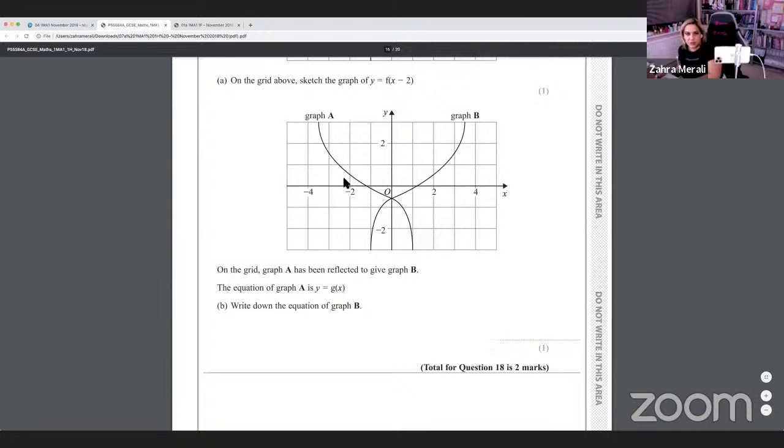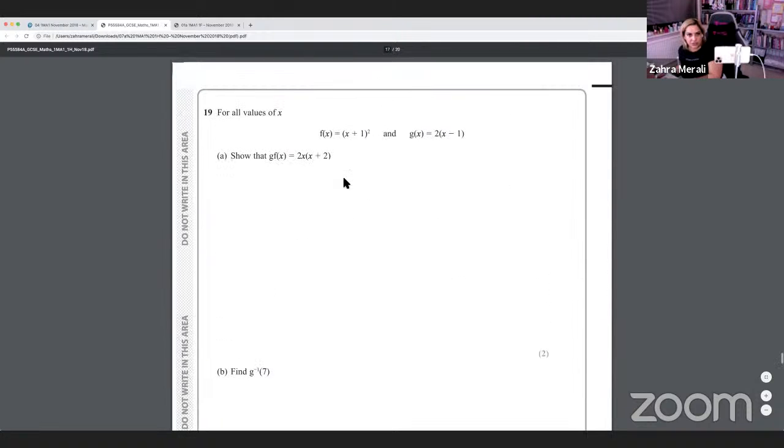Right, next question. We've got a functions question. gf(x). So you always put the second one into the first one. So you're putting f into g. So wherever there's an x in g, you're replacing it with all of this.